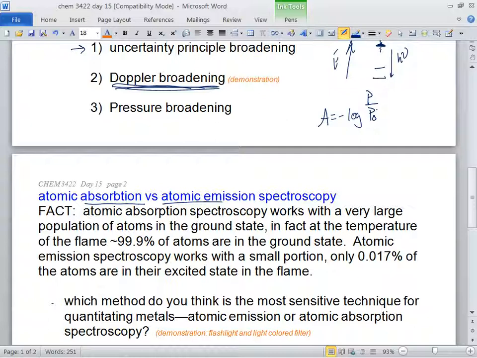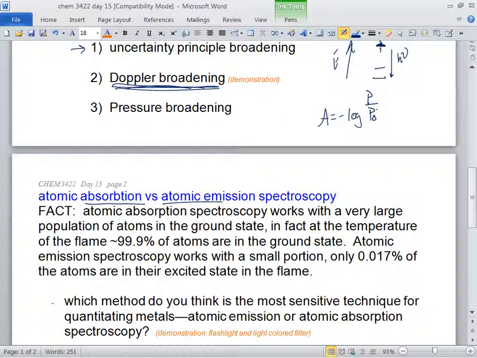You got to measure the incident intensity, and then you have to measure the transmitted intensity. And your incident intensity, is it always brighter than your transmitted? Yeah. So absorption or emission, which one has a really bright background? Absorption. Because the more intense that is, the better your measurement's going.